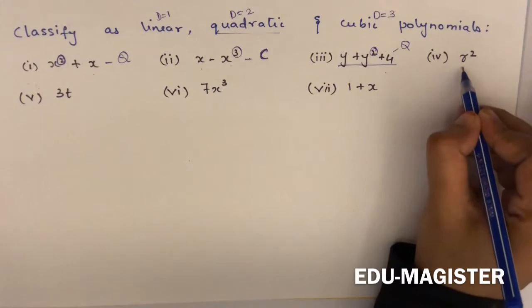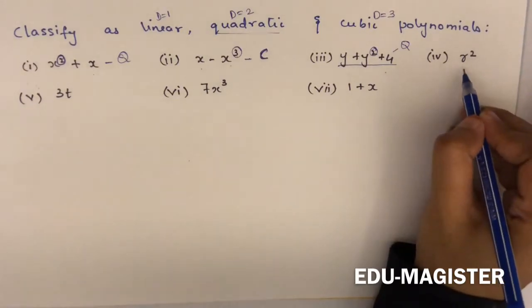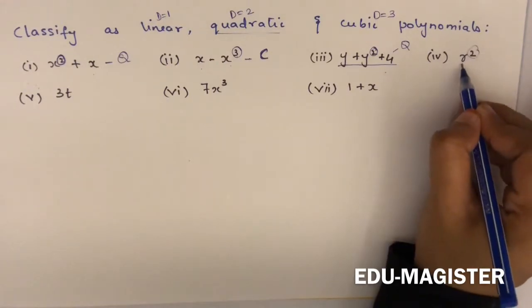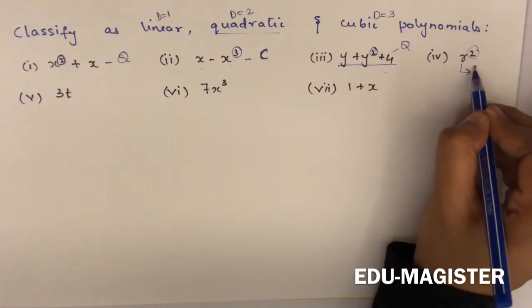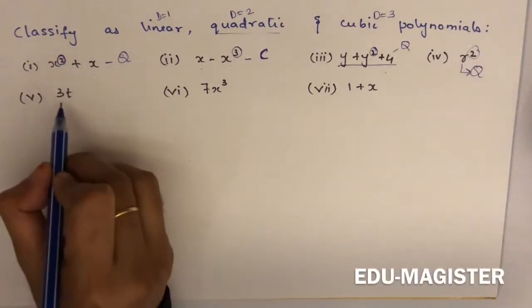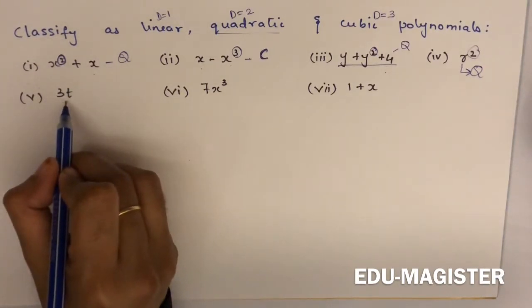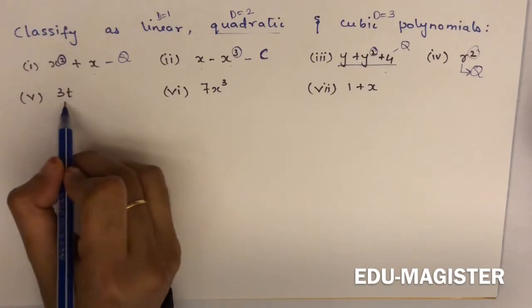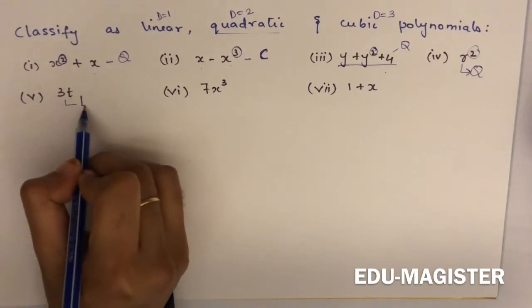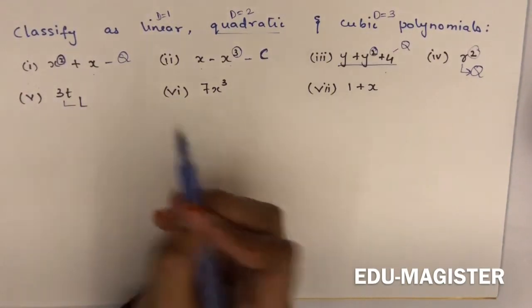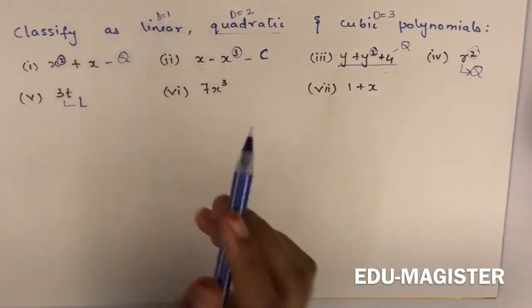Again, in the next question also, the polynomial is of degree 2. Thus this polynomial is a quadratic polynomial. Moving on, in this question, this polynomial is of degree 1. Thus this is a linear polynomial because its degree is 1.